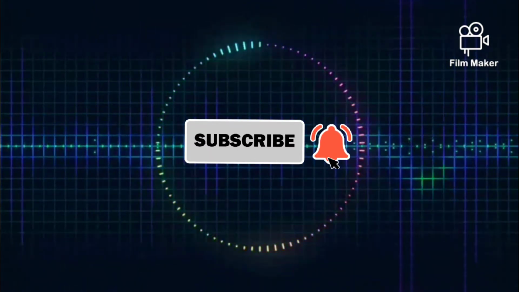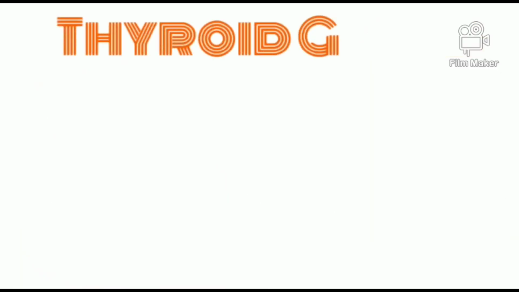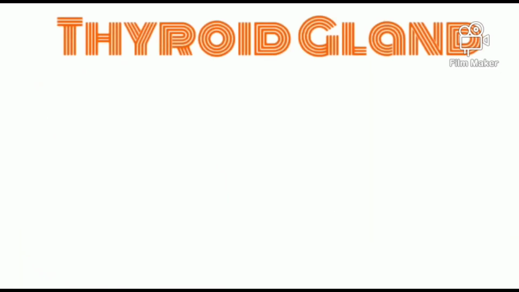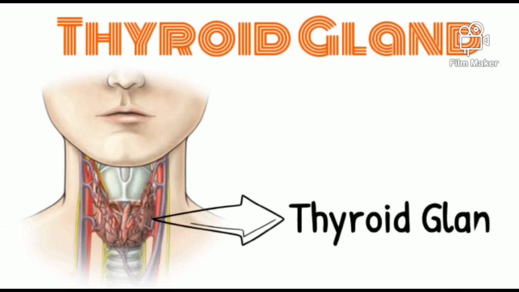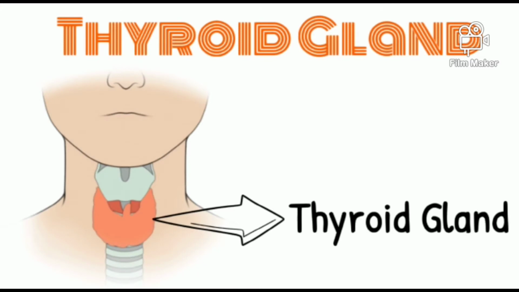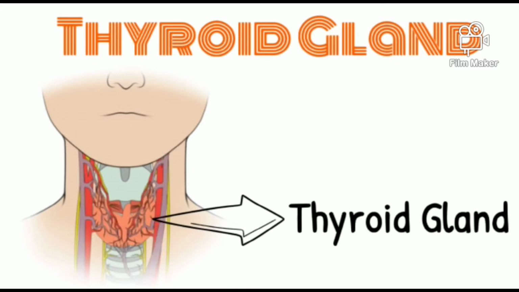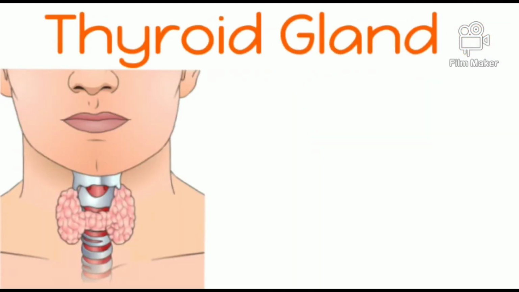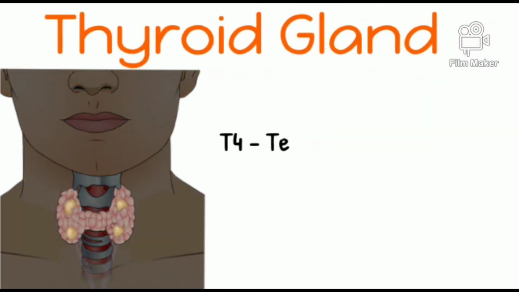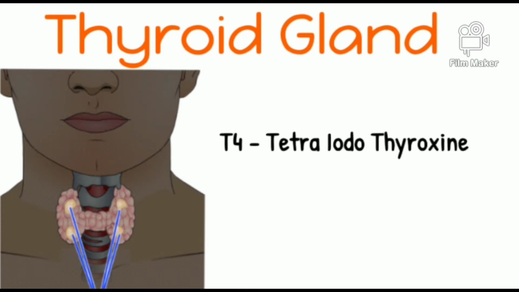Before that, I'm going to explain a little about the thyroid gland. Basically, the thyroid is an endocrine gland. It is situated in the middle of the neck, and the thyroid gland releases two hormones: T4, tetraiodothyronine, and T3, triiodothyronine.